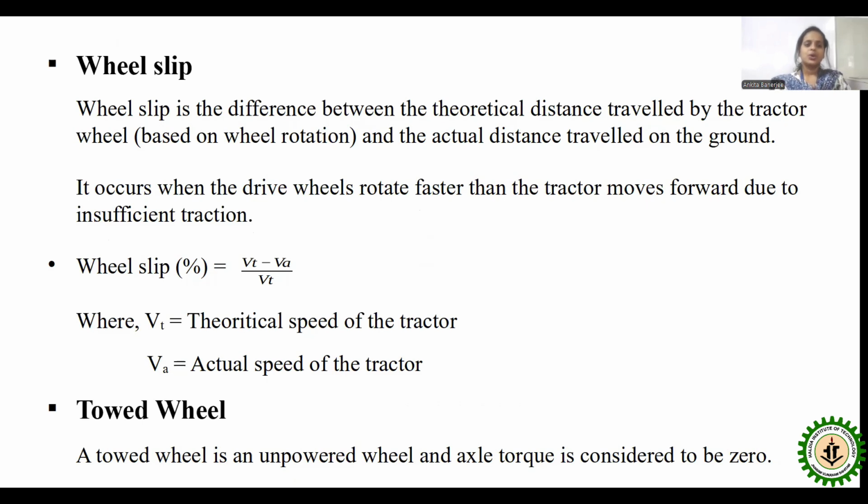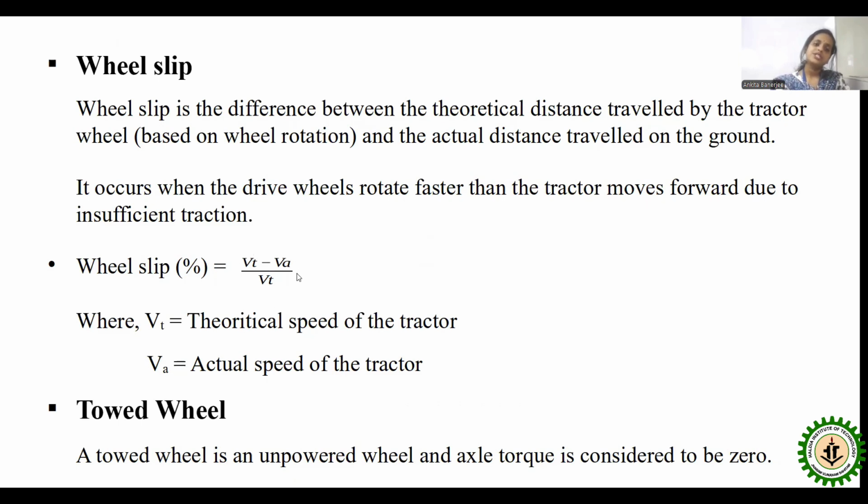Okay, so theoretical speed means if there is 100% efficiency, how much it will cover, and actual means there is a loss of slip, a power loss, loss of movement. We can see wheel slip is denoted as a percentage.